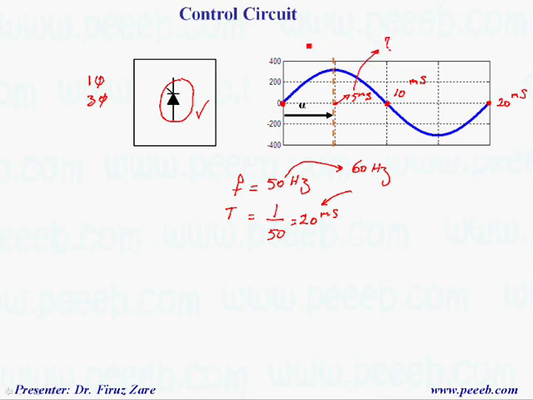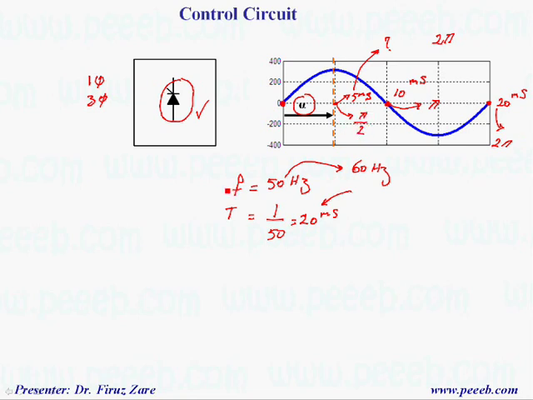Another definition is based on firing angle. That means one cycle is 2 pi. So this angle is 2 pi while this time is 20 milliseconds in a 50 Hz system. So this angle is pi. So this angle is pi over 2.